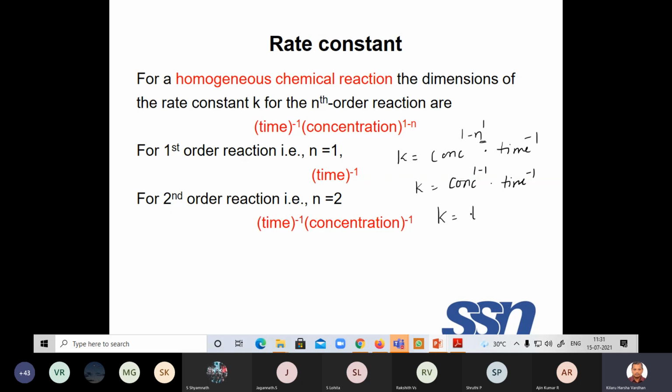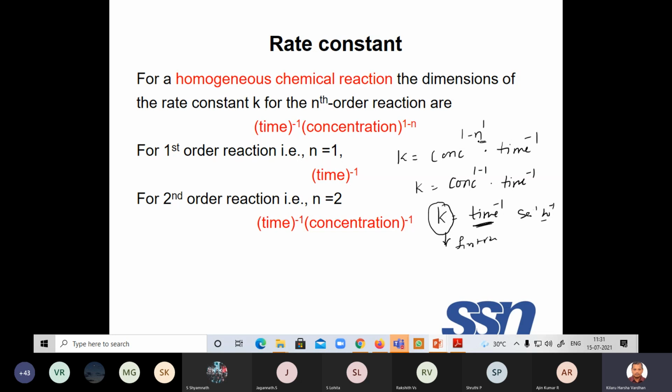Therefore, K is time inverse. So the unit for K, especially for a first order reaction, will be per time, right? This is a very important thing. So second inverse, hour inverse, like that it will come. This is only for first order.